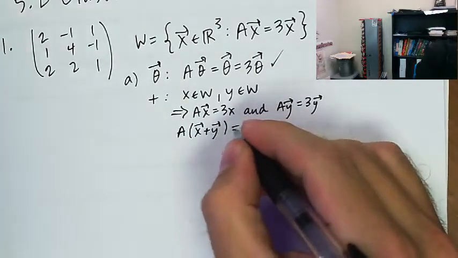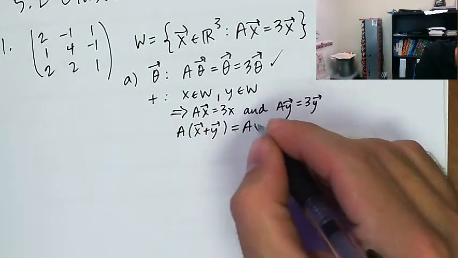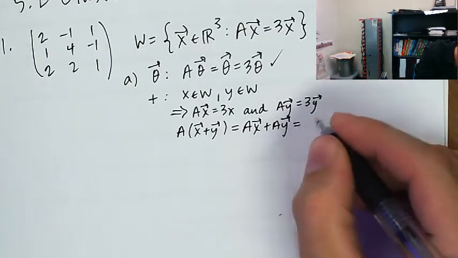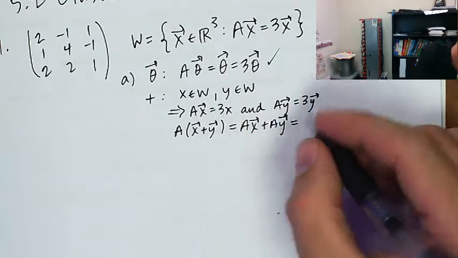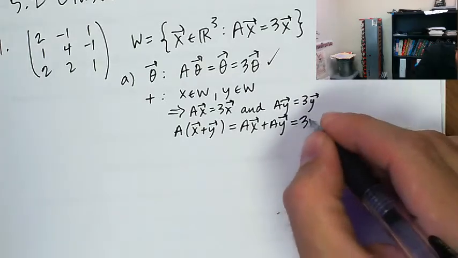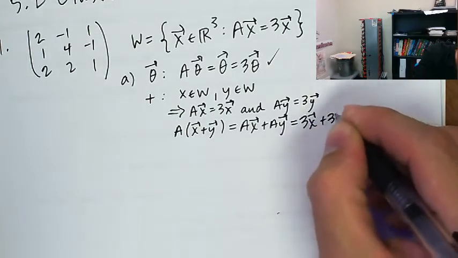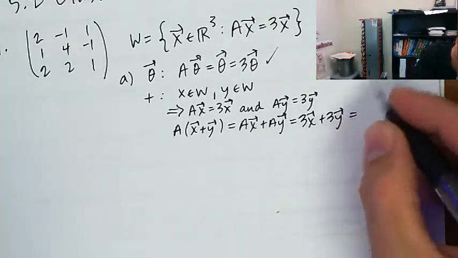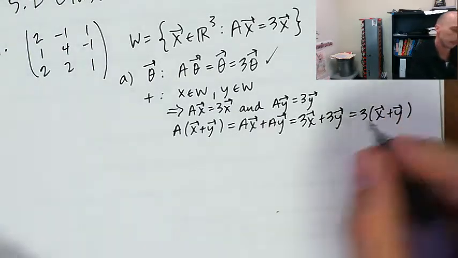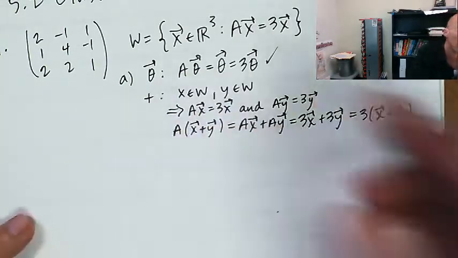Well, we'll find out. I'm going to use the distributive property. That's AX plus AY. And that's equal to, well, AX is 3X, 3X plus 3Y, which is 3 times X plus Y, which means that the space is closed under addition.